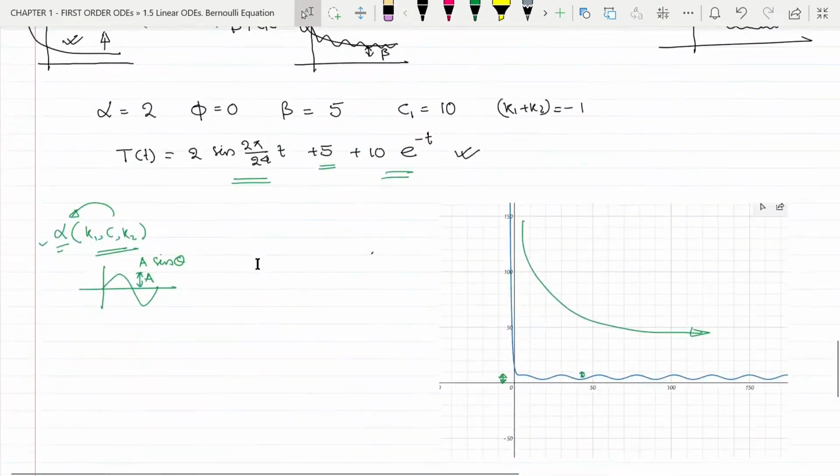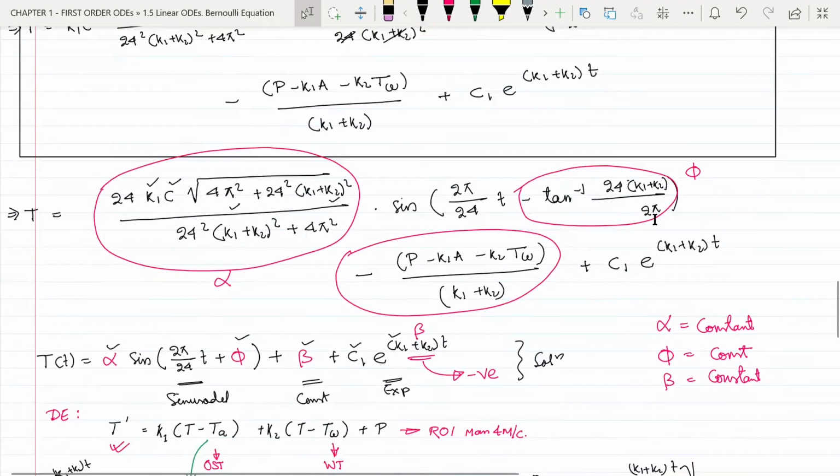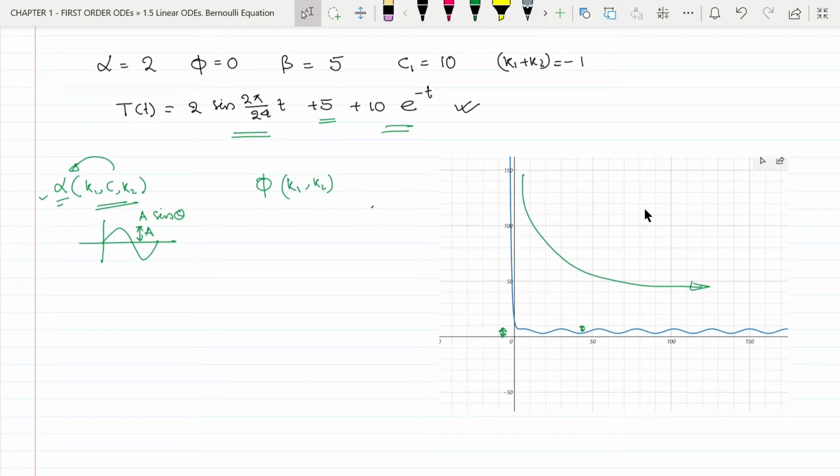Now let us go to phi. So phi is a function of k1 and k2, and phi is the phase shift of the sine wave. We know that a sine theta plus phi shifts the sine wave left or right depending on the value of phi. In a normal sine theta function, it starts at x equal to 0, y equal to 0, whereas in this function at theta equal to 0, the value of the function is a sine phi.